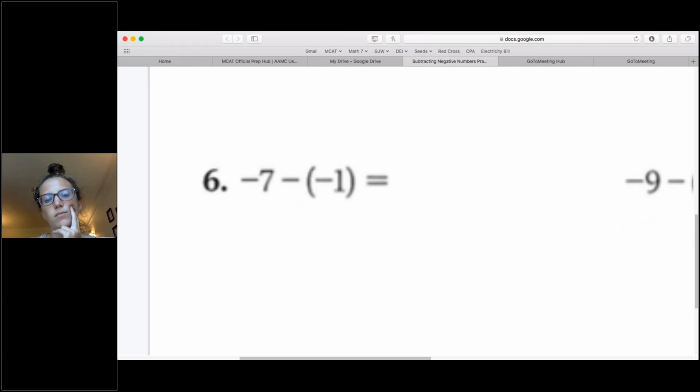I think a negative 6. Perfect. How did you get that? There's 7 plus positive 1 equals negative 6, and 7 is bigger.